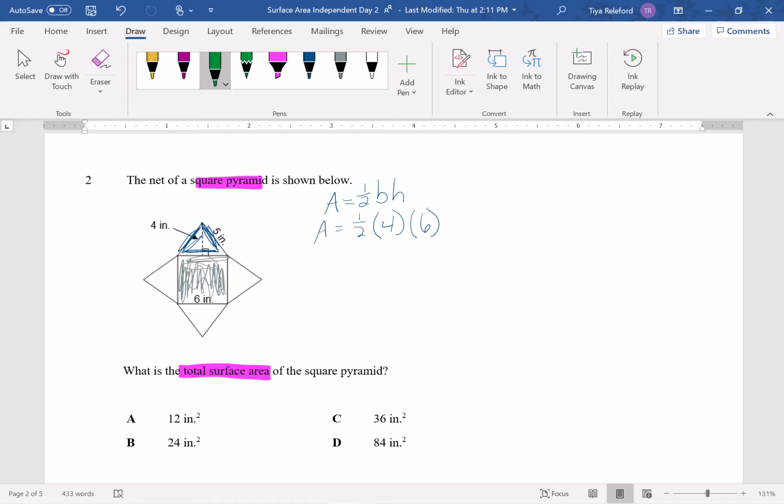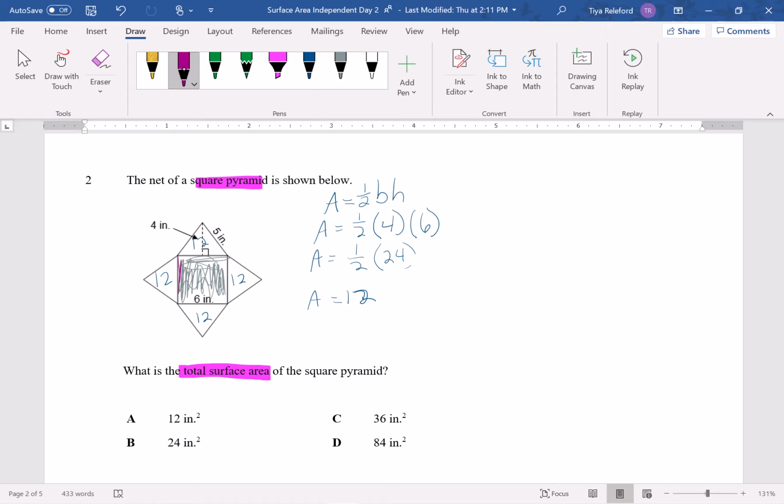So then go ahead and work this problem out. And you get 12. So that 12 is just one of the triangles. Each triangle needs to have a 12 in it.